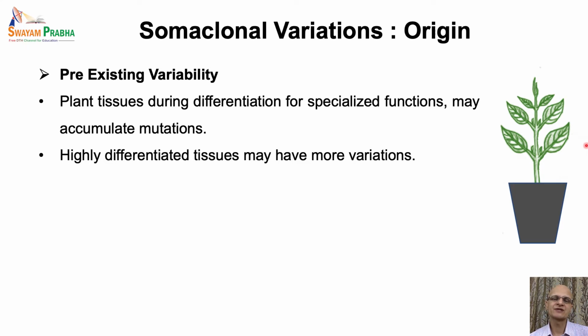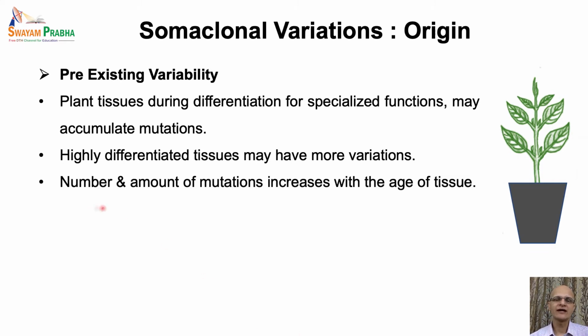During the process of differentiation for specialized functions, these cells may accumulate more variations. It means highly differentiated tissues have more variations as compared to less differentiated tissues.